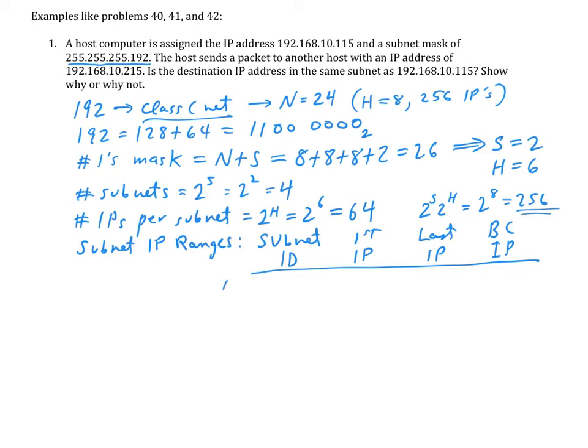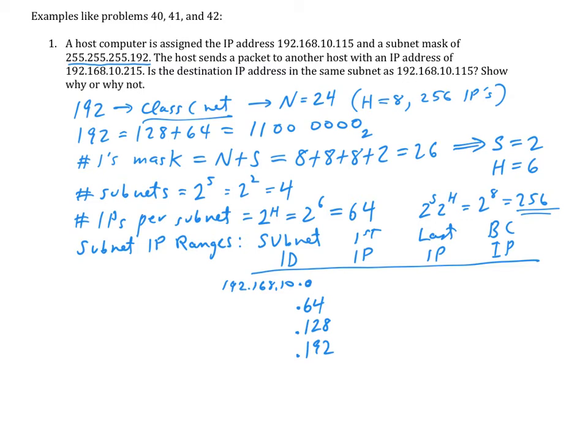We start with 192.168.10.0, and then we move to .64. We count by 64s basically. When you have 64 IPs per subnet, we count by 64s here. We're subnetting a class C.